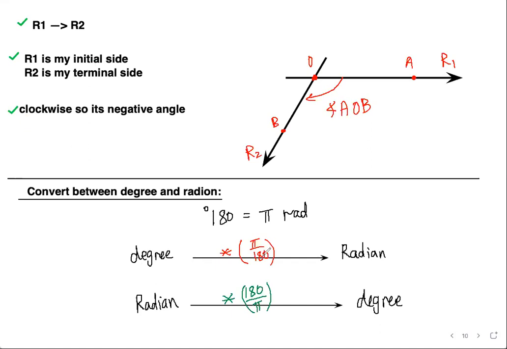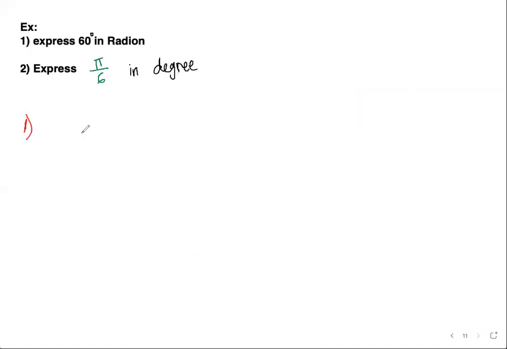Multiply by pi over 180. Yes, correct. So here I will get 60 times pi over 180. Now I can simplify this 60 with 180. The 60 becomes 1, and here I get 3. So I will get pi over 3 radian.